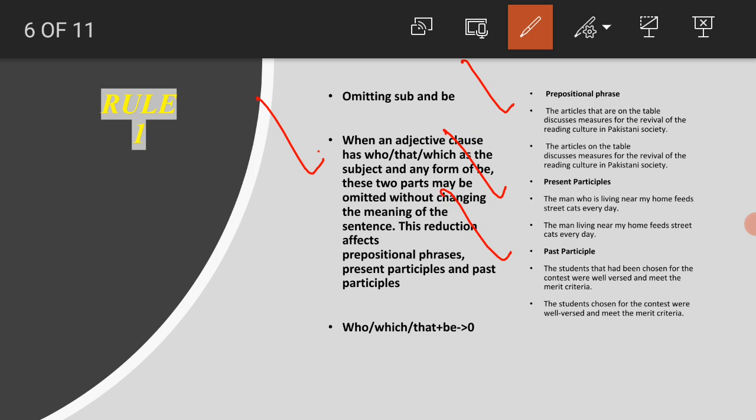Now I want you to focus on the relative pronoun. Here our relative pronoun is that, and it is followed by are. So our first condition is satisfied: the relative pronoun is in subject position and is followed by a be verb, so we can reduce it.